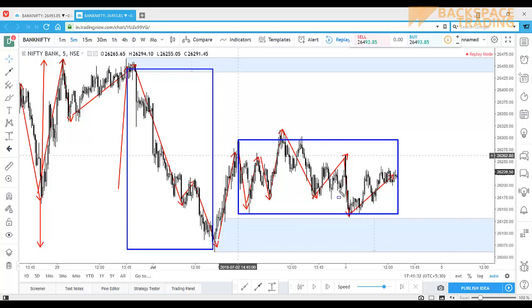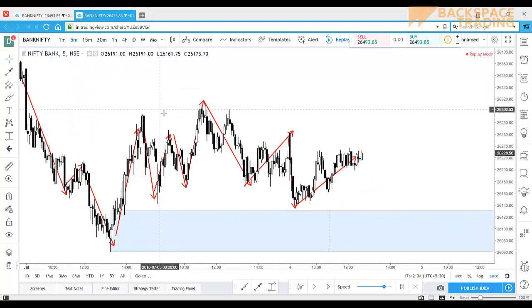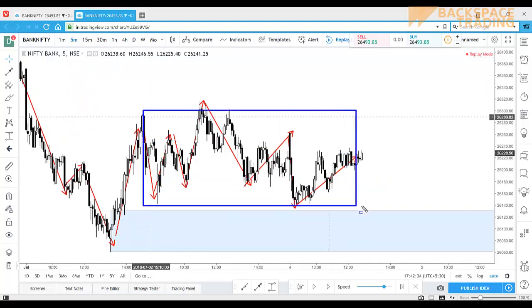Fourth is when a sideways trend shows evidence of strength. That means here, yeah, we can consider this to be a sideways trend as of now, right? Obviously at this point people are coming and they are showing evidence to upside, right? Fifth and sixth we cannot validate here.